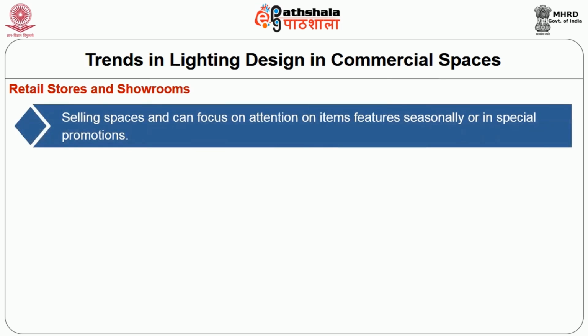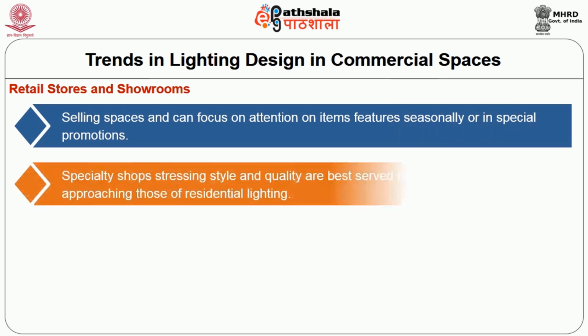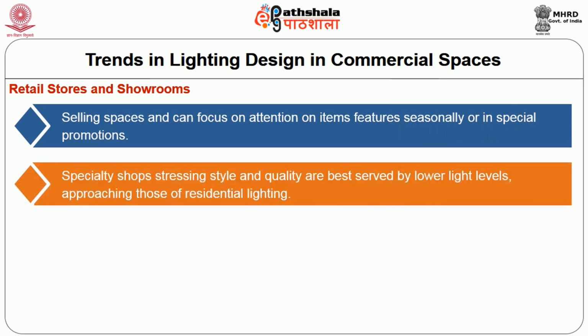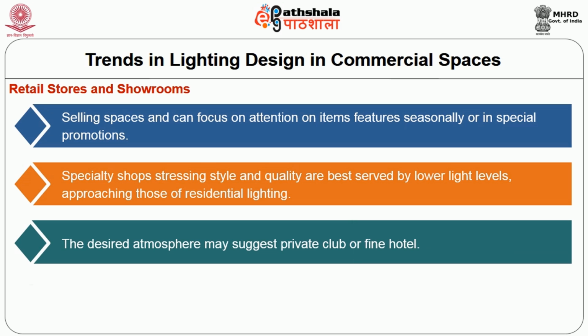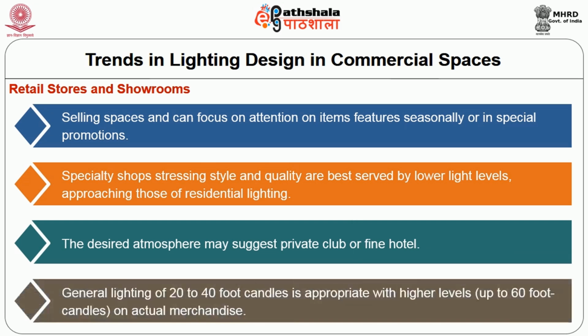Selling spaces can focus on item features seasonally or in special promotions. Specialty shops stressing style and quality are best served by lower light levels approaching those of residential lighting. Desired atmosphere may suggest a private club or fine hotel. General lighting of 20 to 40 foot candles is appropriate, with higher levels on actual merchandise.